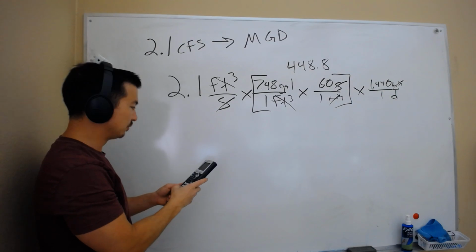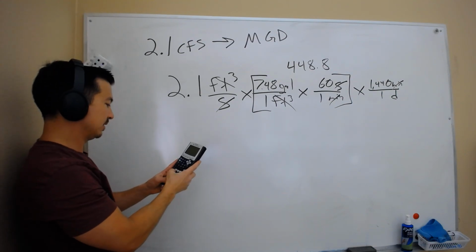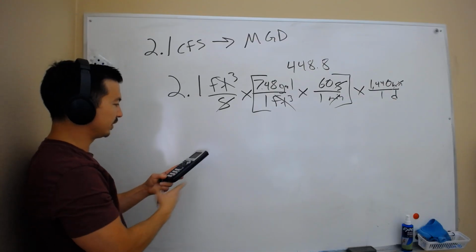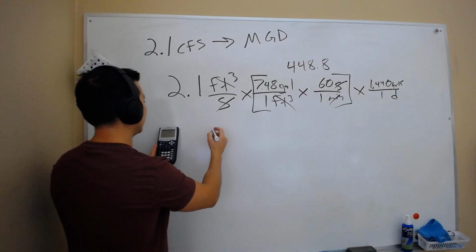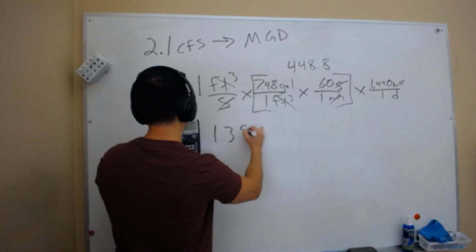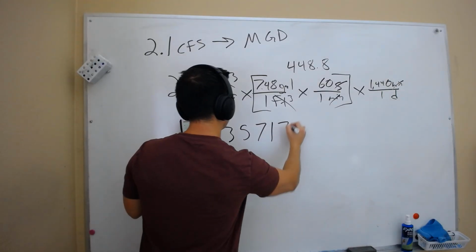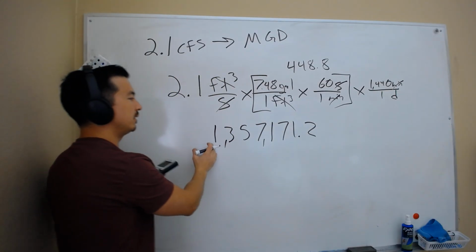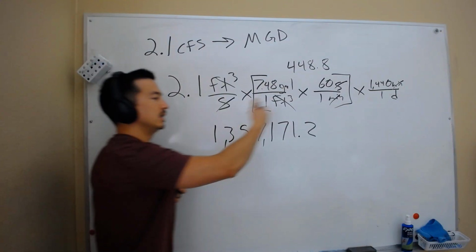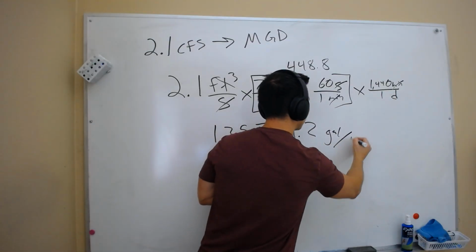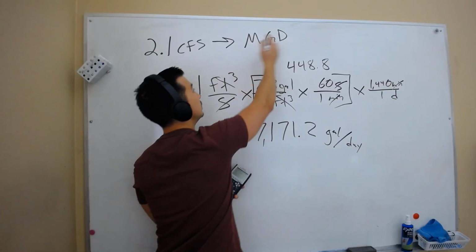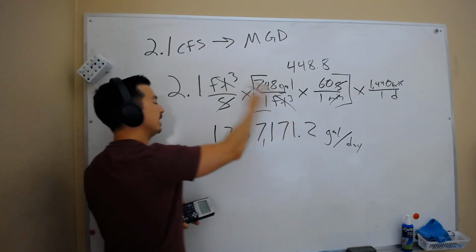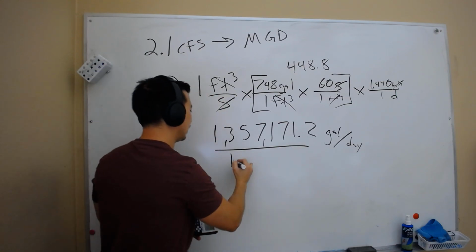So let's run the numbers. 2.1 times 7.48 times 60 times 1440. I get to 1,357,171.2, so 1,357,000, and this is going to be in gallons per day. Now I'm trying to get to million gallons per day. Remember that anytime you have gallons, you can get to MG by just dividing by a million.